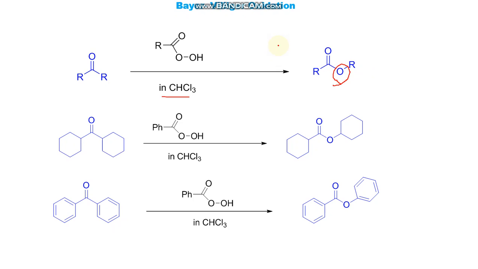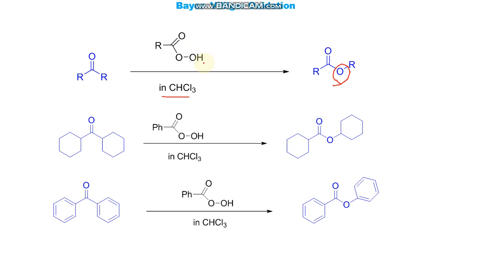So this reaction is known as Baeyer Villiger oxidation, and this is accompanied by either the use of a solution of peracid in acetic acid or in aqueous solutions which have some weak acidity.